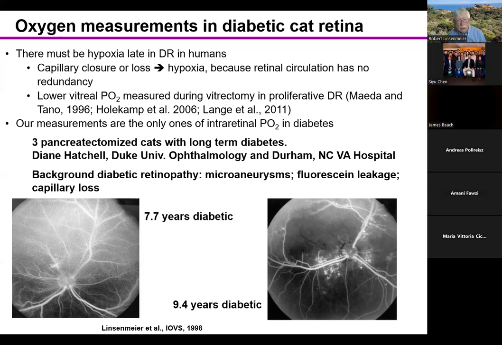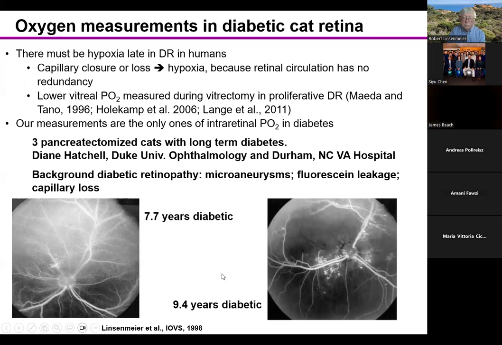But Diane Hatchell at the Duke University Ophthalmology Department, in collaboration with a veterinarian at the Durham, North Carolina VA hospital, managed to raise these cats successfully for a number of years. And then they shipped them up to Evanston where we made measurements. These animals did exhibit background diabetic retinopathy, including microaneurysms, fluorescein leakage, and at least some capillary loss.